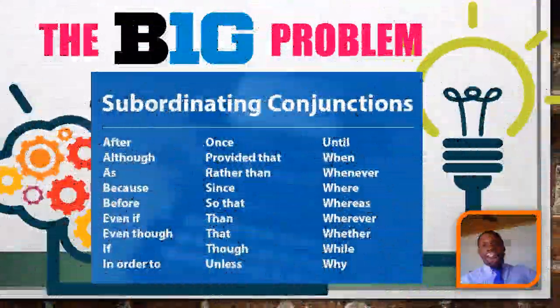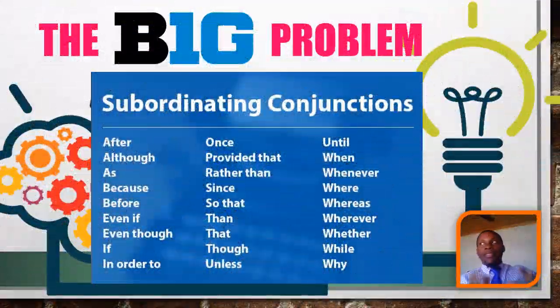Now we've arrived at the big problem. Let's take an opportunity to talk about conjunctions. A conjunction joins a single word or group of words in a sentence, and we're typically familiar with the FANBOYS: for, and, nor, but, or, yet, and so.